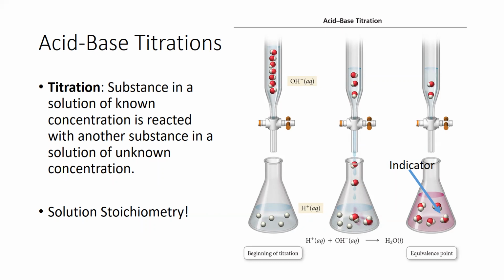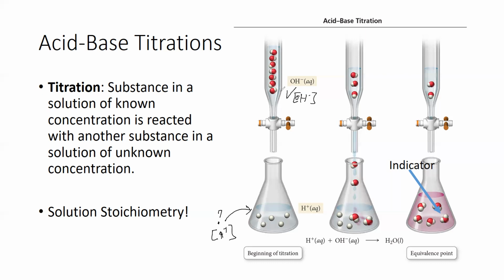So what an acid-base titration is, you have, let's say, an acid, but you don't know what the concentration of that acid is. So I give you a flask of acid and I say, I don't know what the concentration of this is. Like, I don't know how many moles of acid are in here. So what I want you to do is take a base of known concentration.